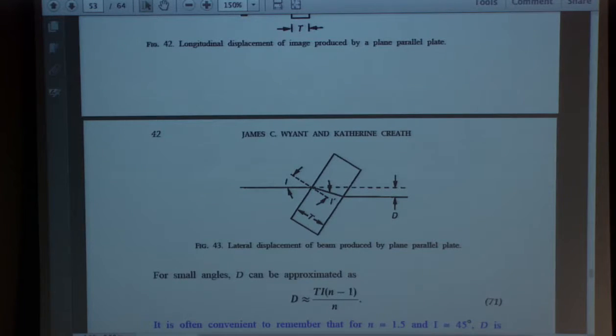Inside, I prime, plate is thickness T. The beam coming out, if it's a collimated beam, I don't get any aberrations or anything, that's great. But the beam coming out is going to be shifted sideways. And you have to allow for that.